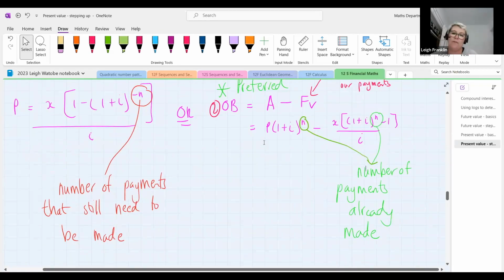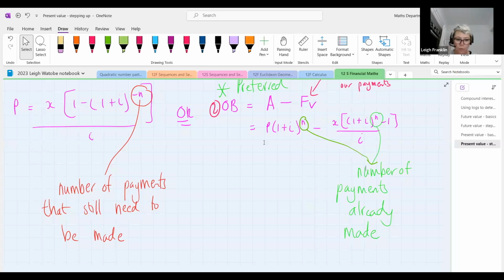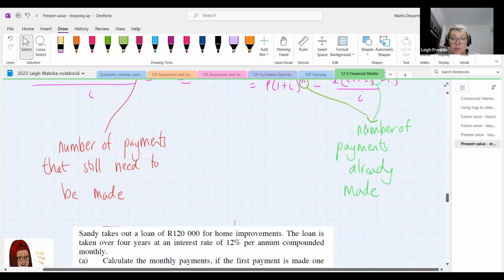That's why the method on the right is preferred. Whether you use present value or the other method, sometimes you will get exactly the same answer. Sometimes the answers differ by a few cents, and your teachers will mark that correct.